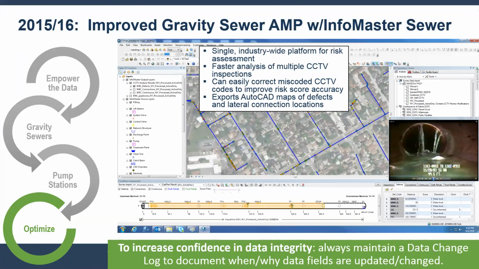So we thought that added a benefit in being able to transport it to other consultants who can use it a little easier than our custom Access database. And it also helped us export to AutoCAD. During the design phase, we can export where the defects are located, and it allowed us some data processing improvements.